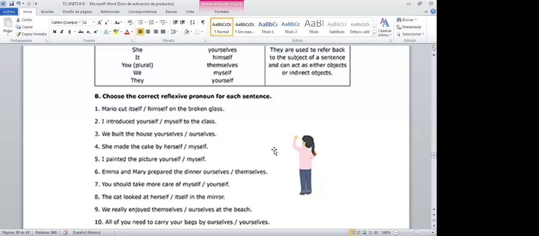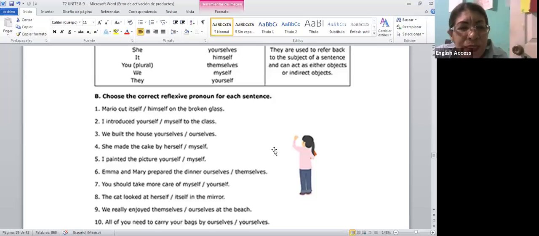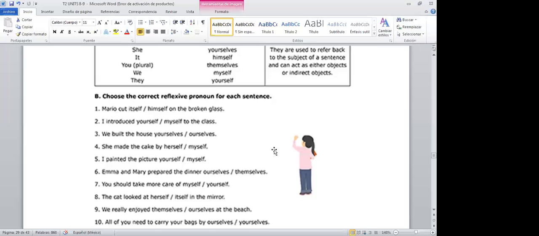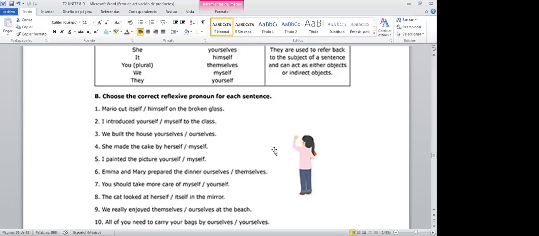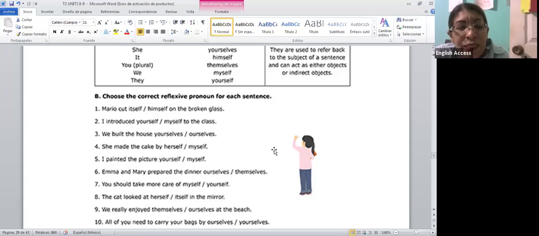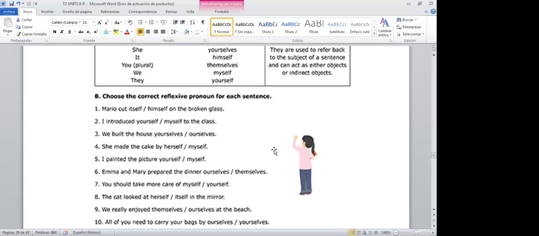I painted the picture myself. Yes. Number six, Luis. Emma and Mary prepared the dinner themselves. Yes. Seven, Damaris. You should take more care of yourself. Yes. Number eight, Luis. The cat looked at itself in the mirror.